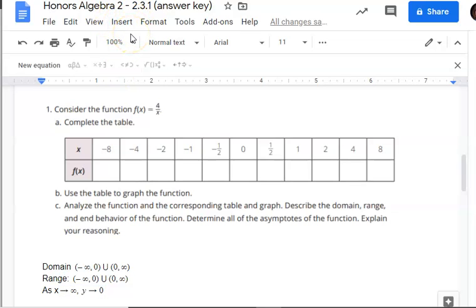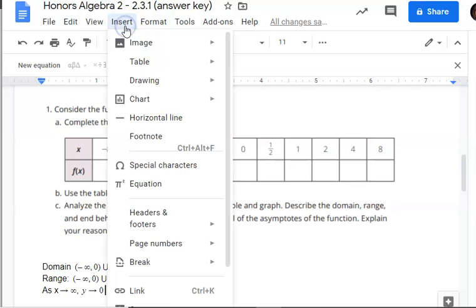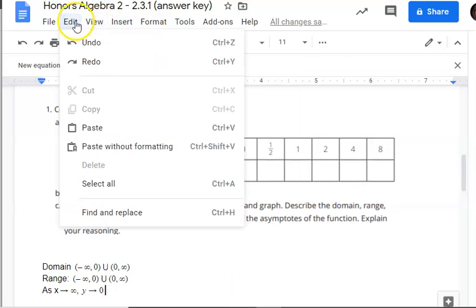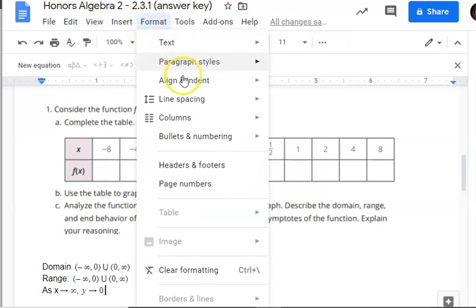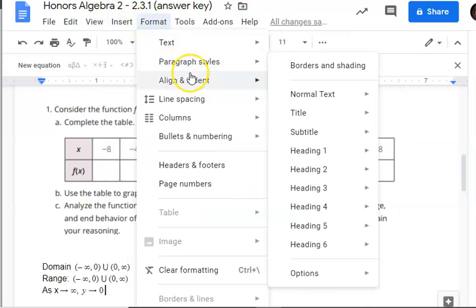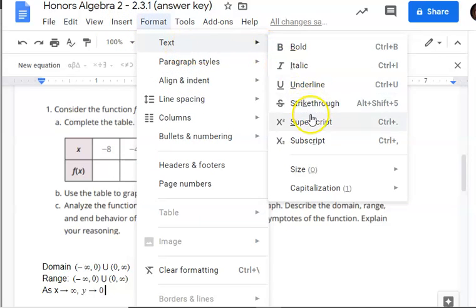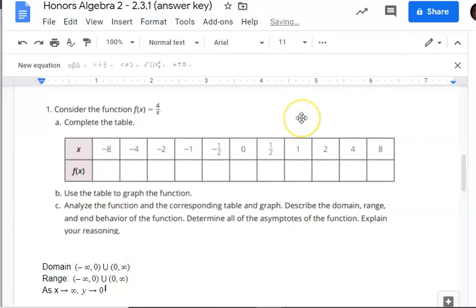That should be a superscript though, so let's see if it'll let me do that. Let's go to edit, format. There you go. I got a plus in there. All right, so as x approaches infinity, y approaches 0 from the top.